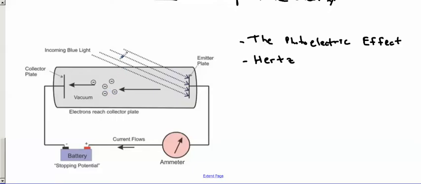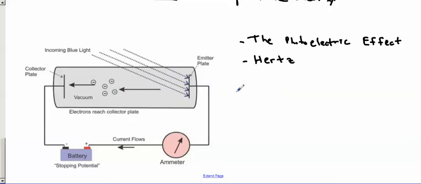What actually happens is that if I shine red light on them, I get electrons to come off, and they actually move fairly slowly. But if I shine higher energy light, with a greater frequency, blue, onto this plate, they actually come off faster. And this was a big surprise to them.